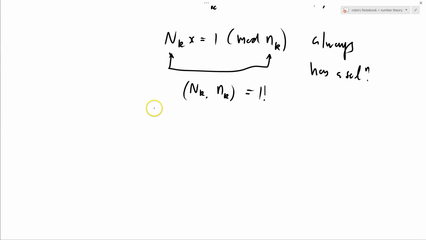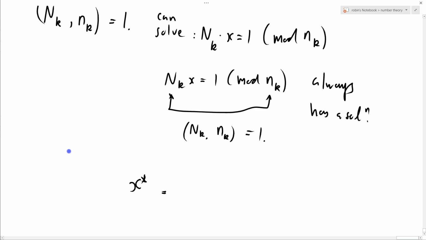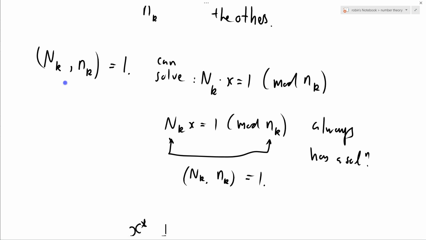Okay, so what am I going to do? I'm going to construct a solution x star, let's say. So let's go back to my equations to make sure I've got my notation right.